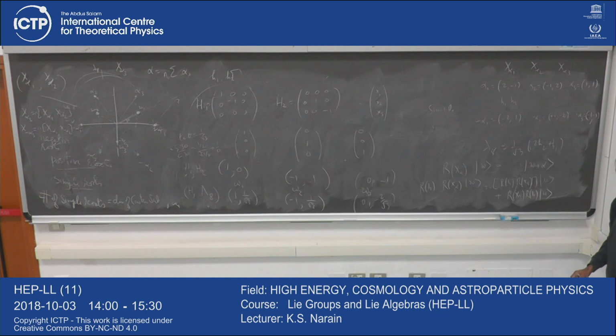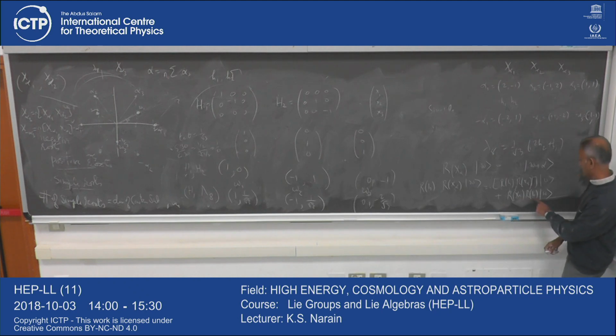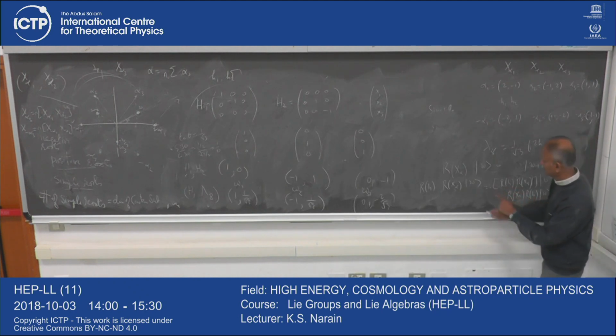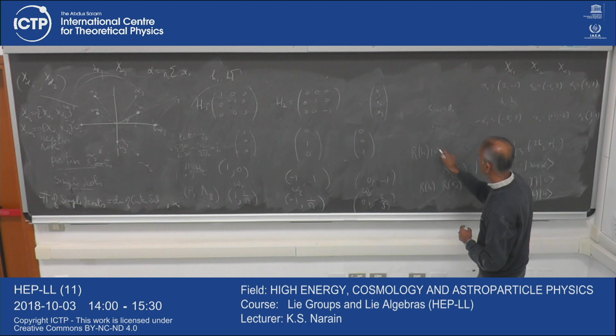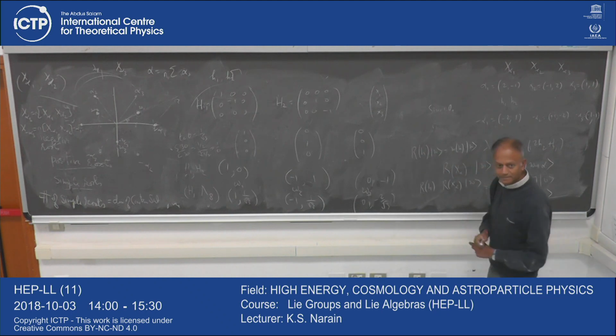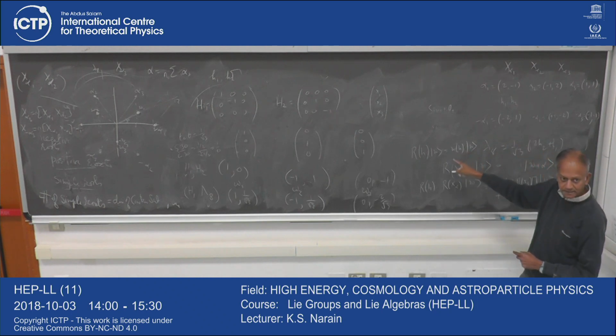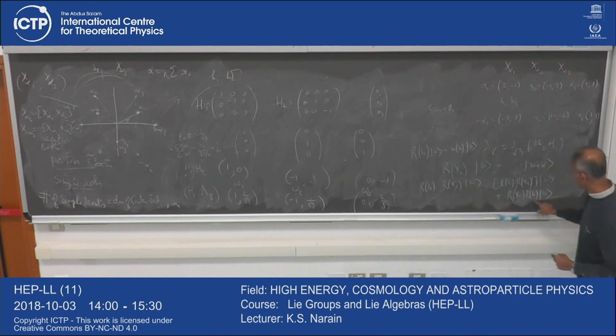Okay. Now this one, R of H acting on W by definition, that's what we did, this is our eigenstate. R of H acting on W is W of H times W, right? That was the definition of the eigenstate. So this guy just gives me W of H acting on the state. That's a number, take it out.